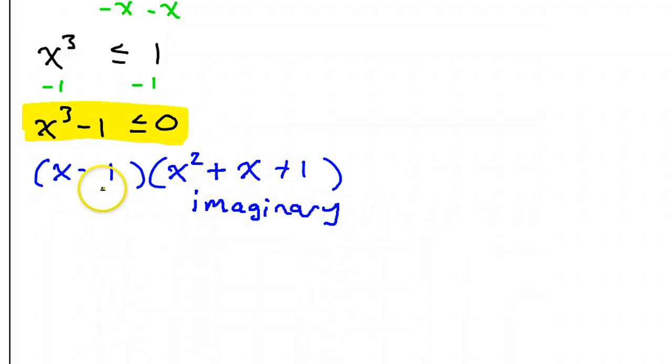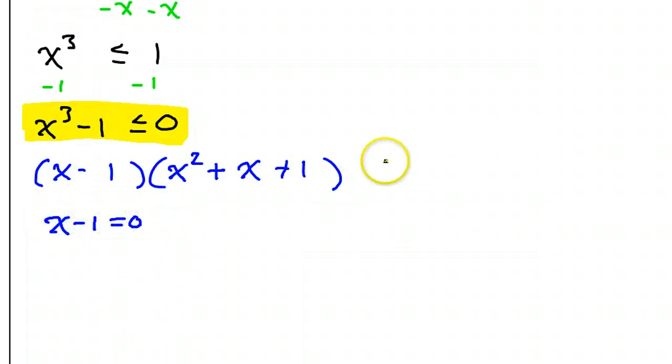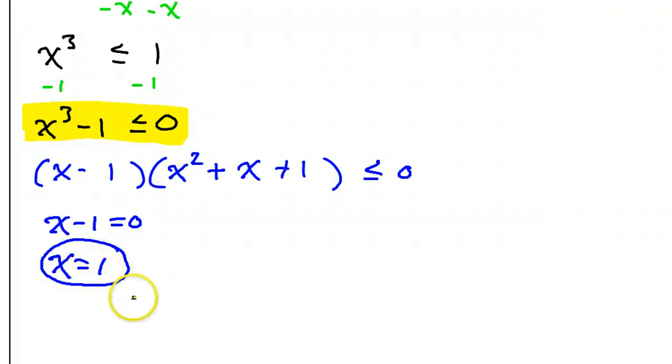So in this case we only have one real 0, and that's just 1. That 0 comes from setting x minus 1 equal to 0. So we have a 0 of x equals 1. That is our only 0.